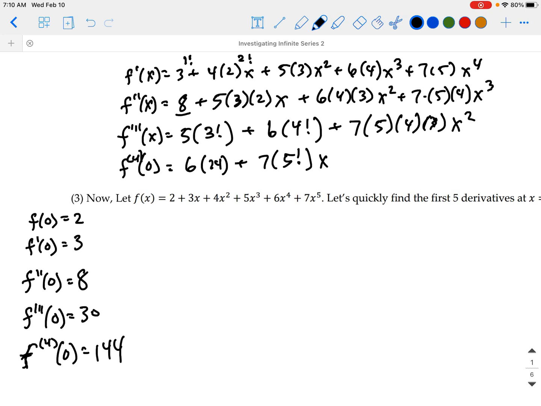All right. And so for the 5th derivative, that's going to be 7 times 5 factorial.